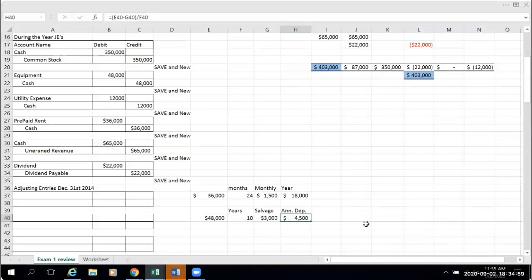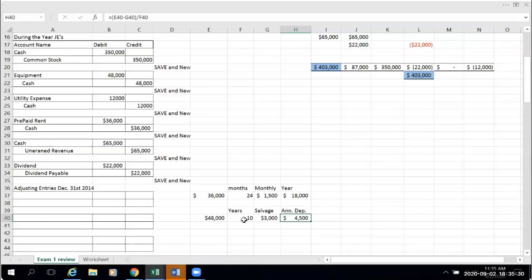Cool. So the depreciation will be original total cost minus salvage value, which you're going to receive later on when you sell it in the market. So the depreciable amount will be 48 minus 3. That means 45. So $45,000 is the depreciable amount, depreciable value.